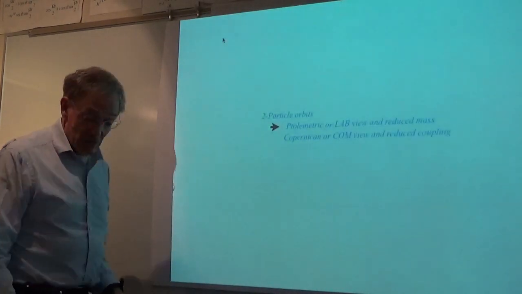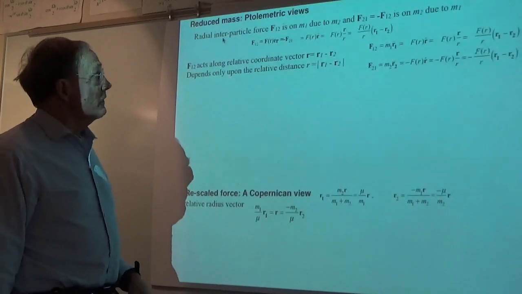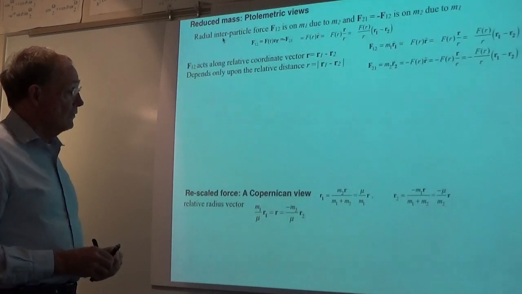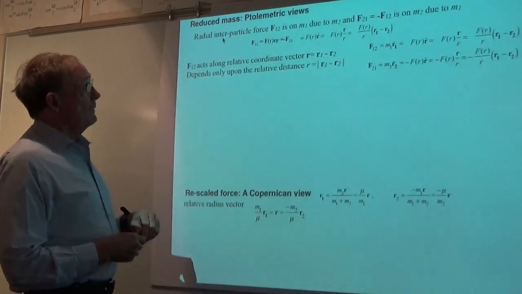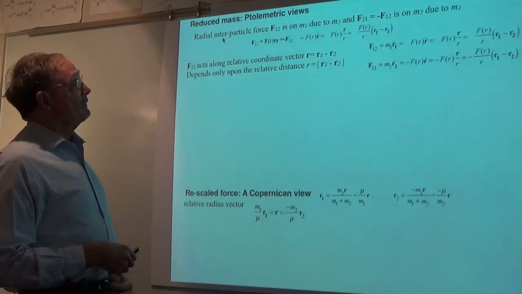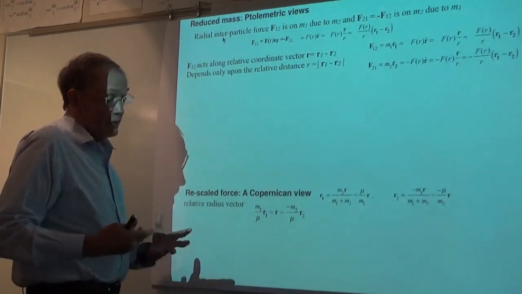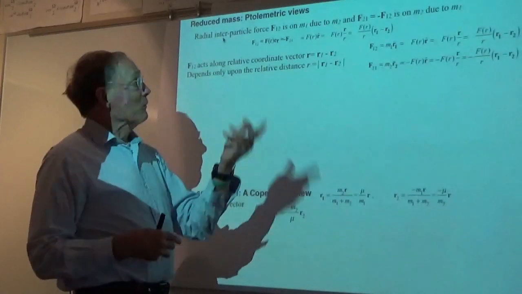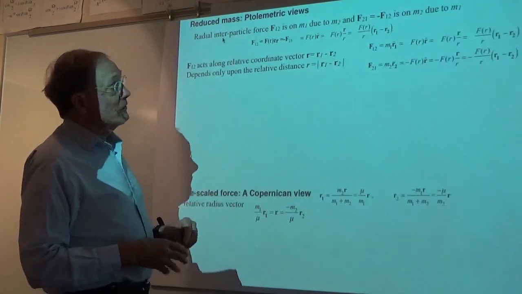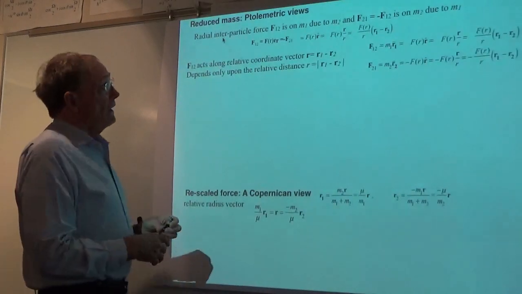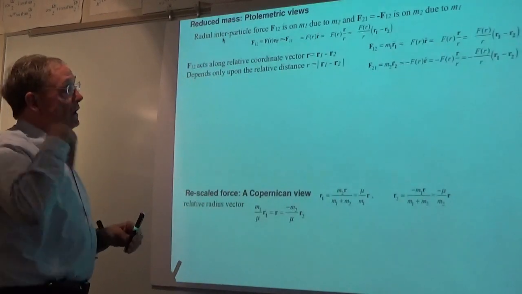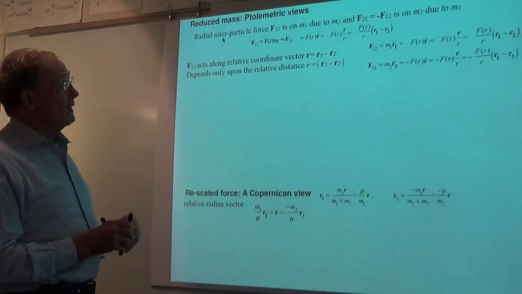Now, let's take a look at this in a slightly different way. Basically what we're going to do is compare these two. The reduced mass, I would call this a telemetric view, the idea that you're at the center of something and things go around you. We're attempting to take, say, the hydrogen atom and give it a reduced mass by saying we're going to stand somewhere and watch the other guys move with respect to us.